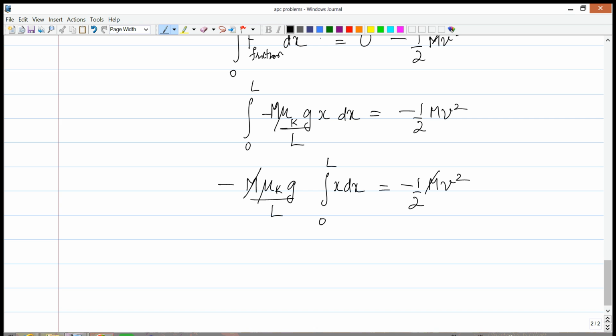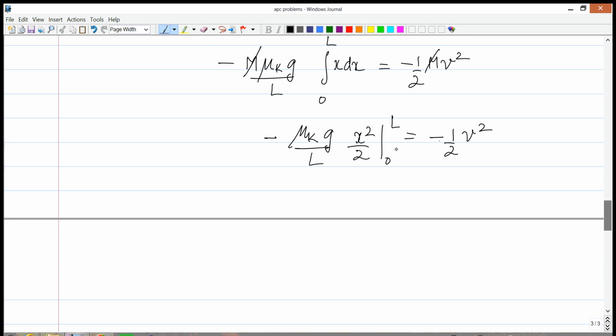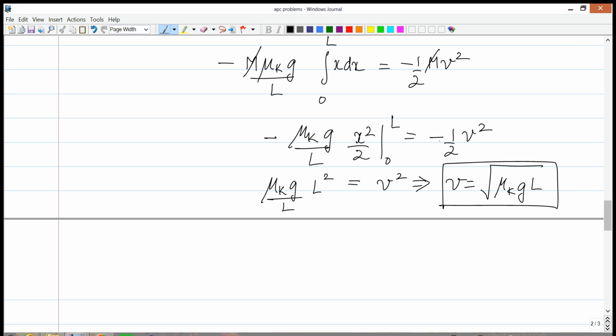The m and the m cancel out, and the integral simplifies to x squared over 2 from 0 to L, equal to minus 1/2 m v squared. Now if we simplify this, the negatives go away, the 2 also cancels on the denominator, and this tells me that v is equal to the square root of mu k times g times L. Alright, so that's the answer to that question.